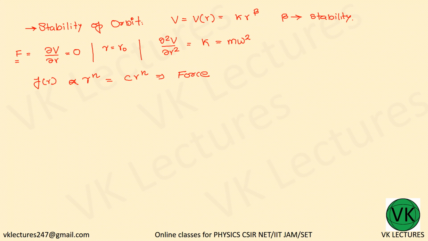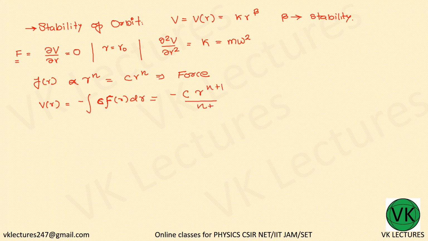Then v of r is nothing but minus integral of f of r dr, so that's equal to minus c r to the power n plus 1 divided by n plus 1.